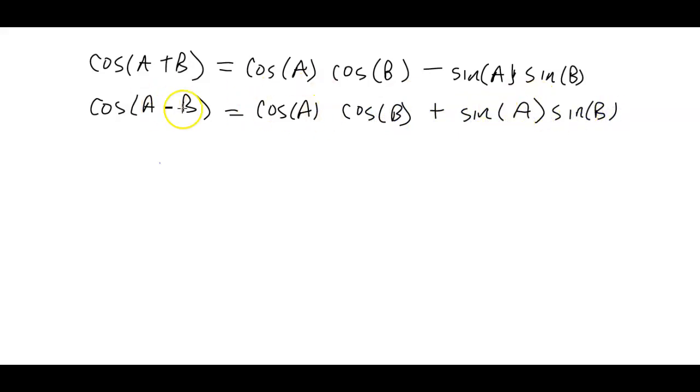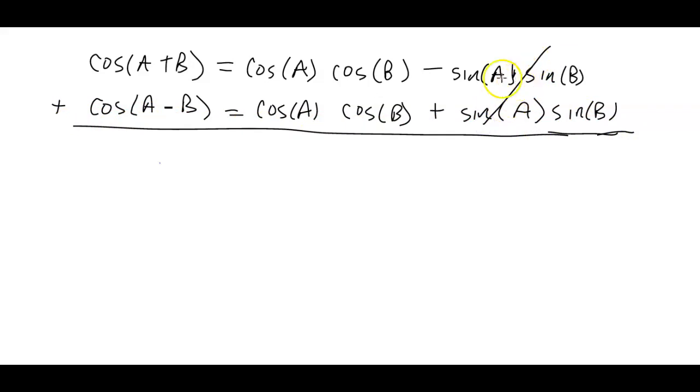And so here, how we actually get the product to sum formula is that notice we have products of functions here, okay? And so here, if I was to add these two, these would cancel to 0, and I have two of the same thing here.